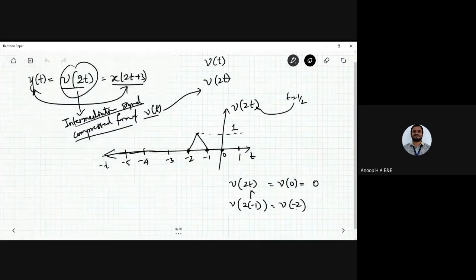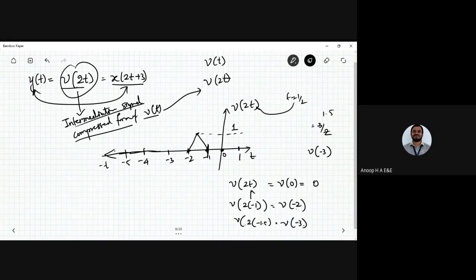Next, v of 2 into minus 1.5. 1.5 can be written as 3 by 2, with a negative sign. We will be getting v of minus 3.